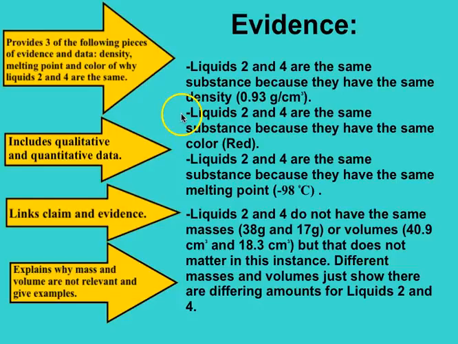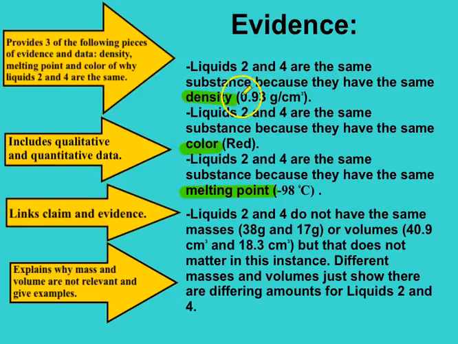So let's go through that rubric. What I've done is I put them actually in the arrows right here. Now provide 3 of the following pieces of evidence. So here we go. I am going to grab a pen and do some highlighting here. Let's use yellow. I talk about density right here. I talk about the color right here, and I talk about the melting point right here. So I've talked about all 3. Now include qualitative and quantitative.